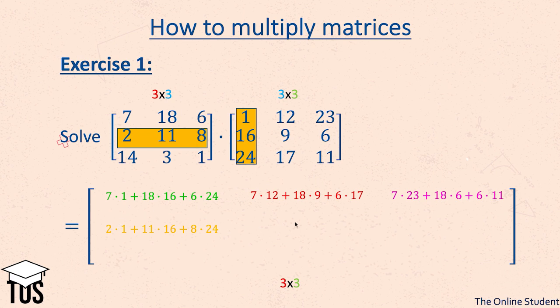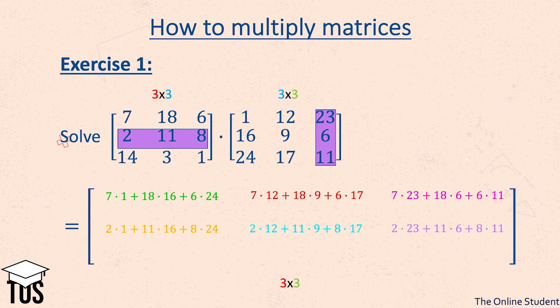Okay, let's take a look at the following combination, which will be in the second row and the second column. So this will be 2 multiplied by 12 plus 11 multiplied by 9 plus 8 multiplied by 17. And because we have taken the second row and the second column, this element will go in the second row and second column of the resulting matrix, so right in the middle. The other combination with this row is with the third column.